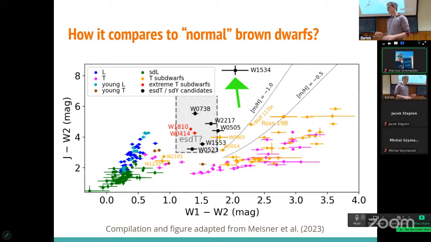But still, it was rather unknown how it should behave in terms of photometric colors. We were just starting to discover other examples of metal-poor T dwarfs, and they lie more or less in this region here, above the overall sequence, but still not as extreme as this one.